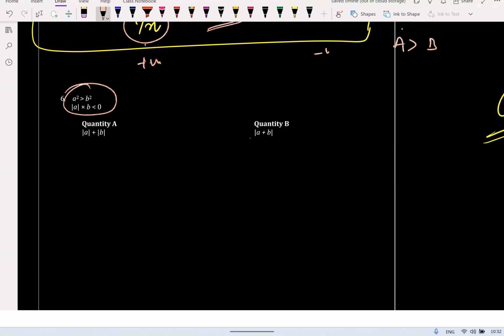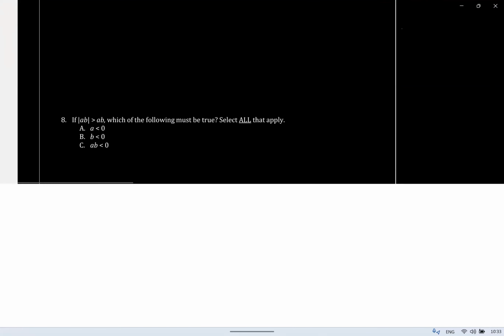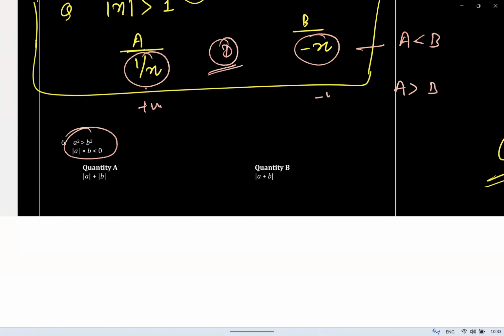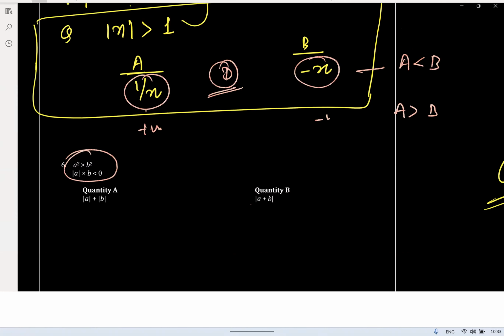So quantity A is greater, because B is in a mod, which means it will always be positive for quantity A. I want you to try all these questions, once. Then it will be really, really good. Take your own time. Quantity A is greater.